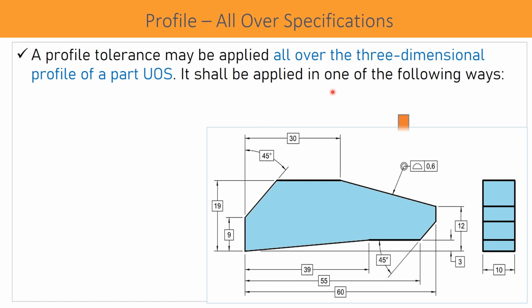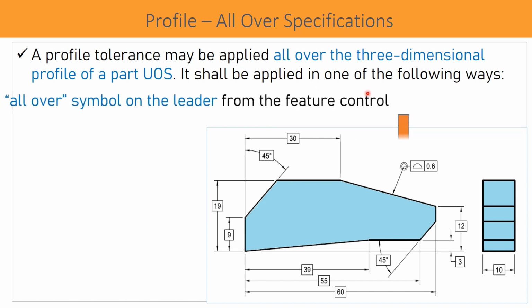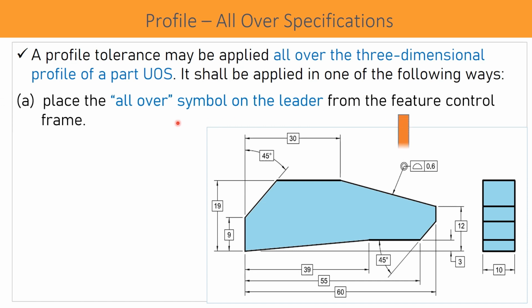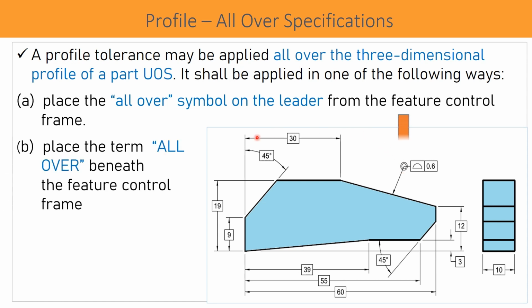It shall be applied in one of the following ways. The first is keeping a symbol. The symbol, as shown here, is two concentric circles and it is kept on a leader line. The second way of indication is writing a text message, that means "all over" beneath the feature control frame. So this is a feature control frame, and beneath it the text "all over" is written.